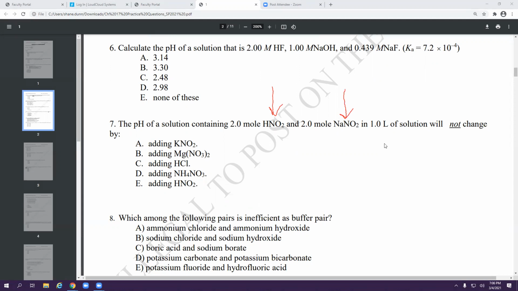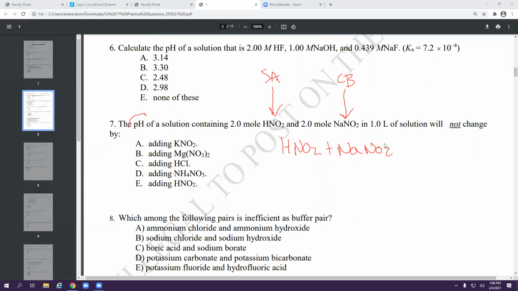So I have the solution of this plus NaNO2. Yes, conjugate base. So it's a strong acid and its conjugate base. Is this a buffer really? Yes or no? No, it's not a buffer, right? We can make it a buffer if we add stuff to it, right? But we're not doing that question right now.